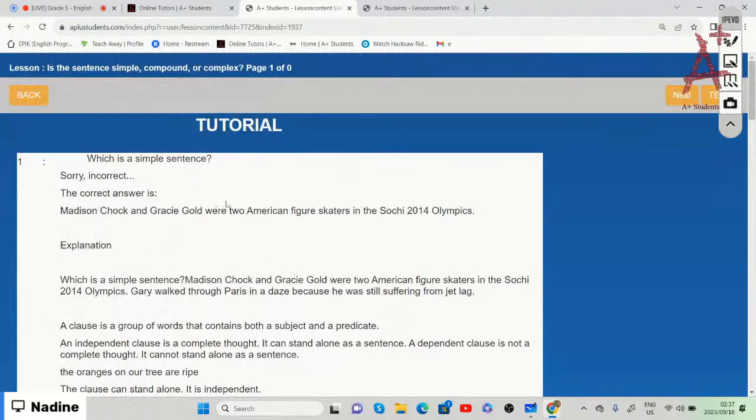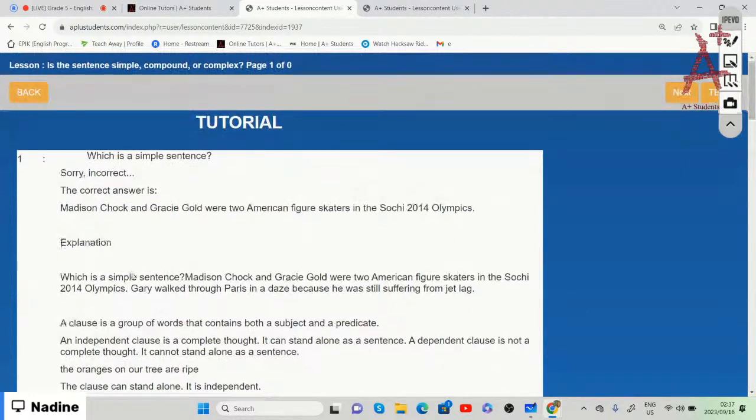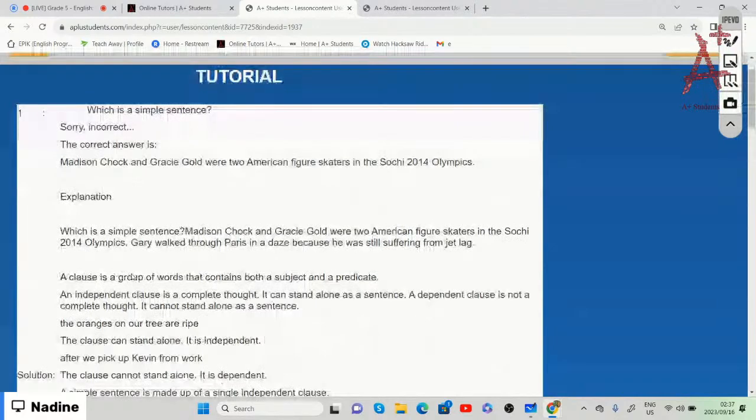Madison Cox and Gracie Gold were two American figure skaters in the Sochi 2014 Olympics, or Gary walked through Paris in a daze because he was still suffering from jet lag.